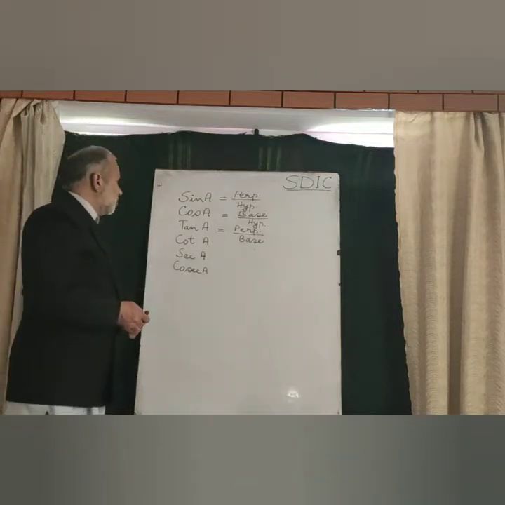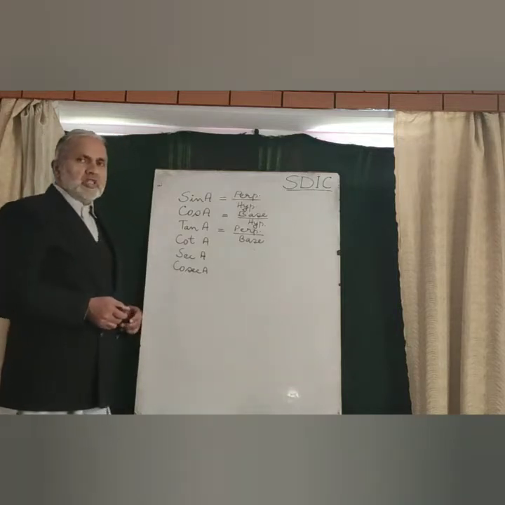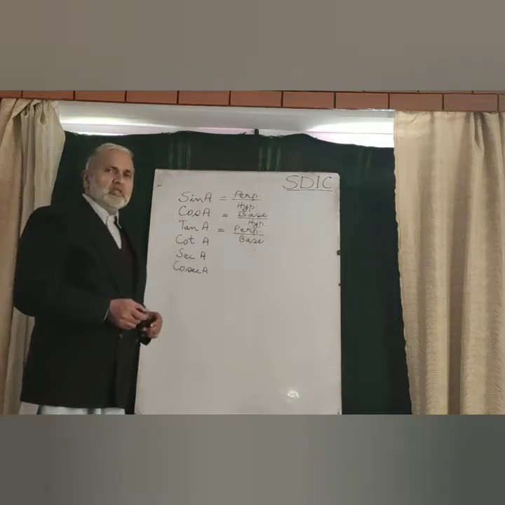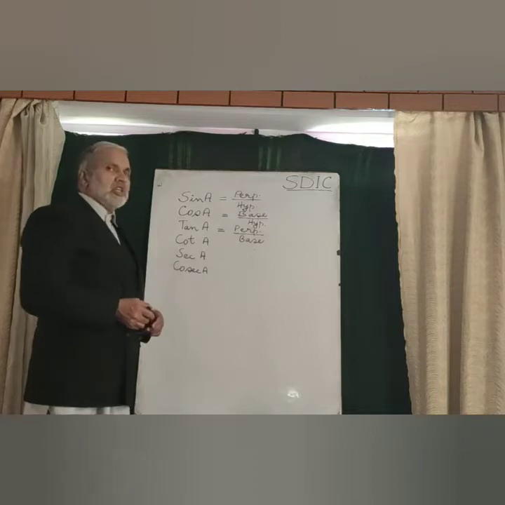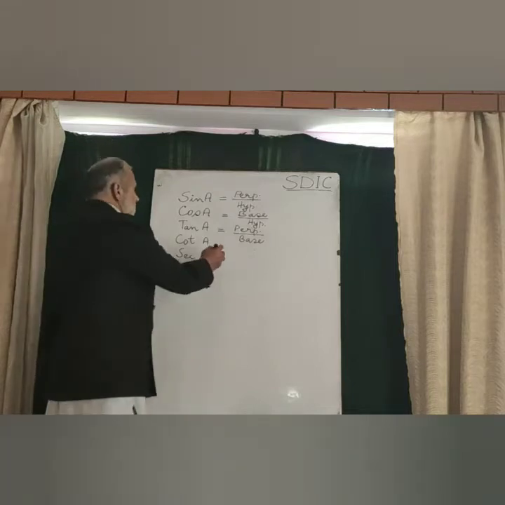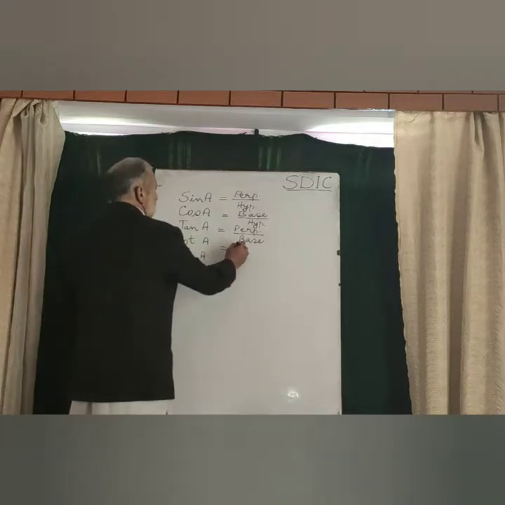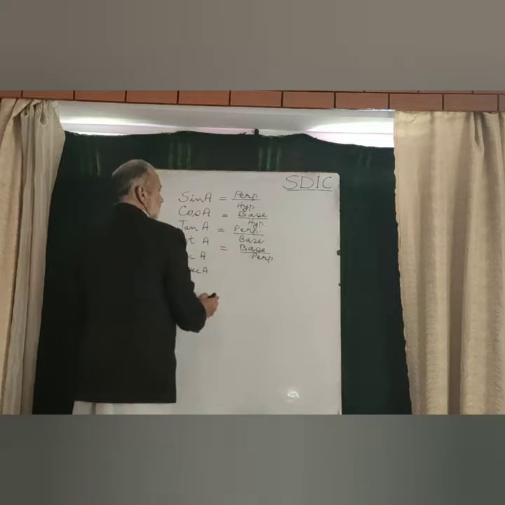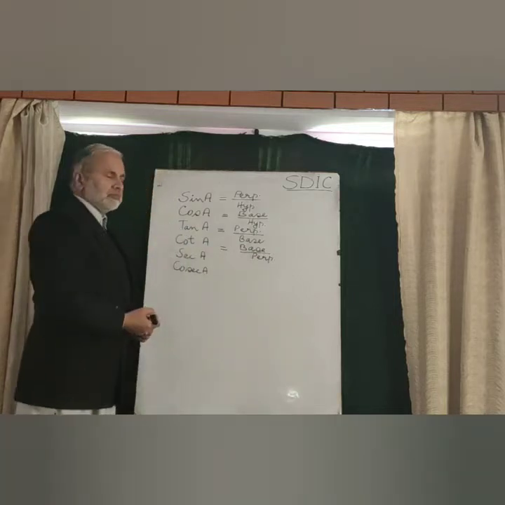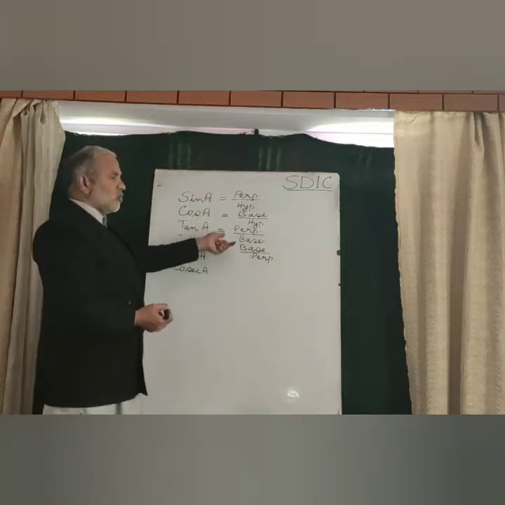Cot is the reciprocal of tan. Sec is the reciprocal of cos. Cosec is the reciprocal of sine. Thus, we have cot A as base by perpendicular, the reciprocal of tan. Tan is perpendicular by base. Reciprocal is base by perpendicular.